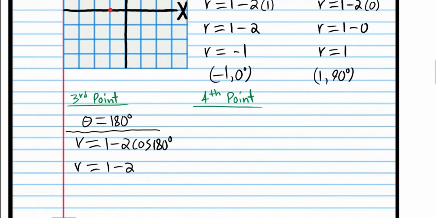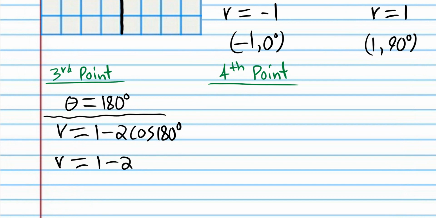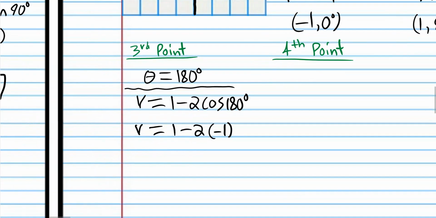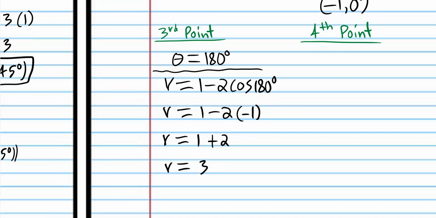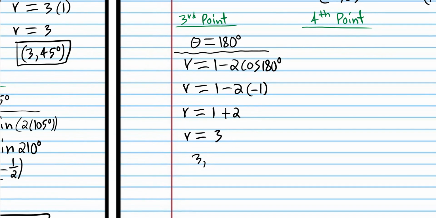So we have -1 for cosine 180. So r is equal to 1 plus 2, which is 3. And so the point we're looking for is 3, comma, 180 degrees.